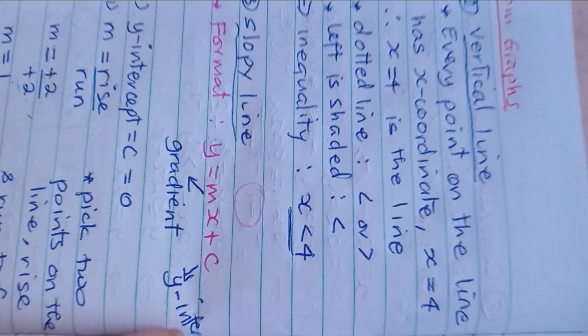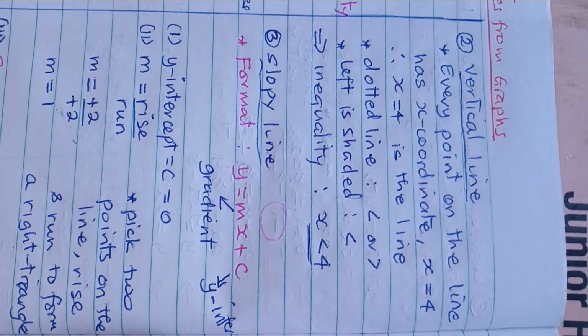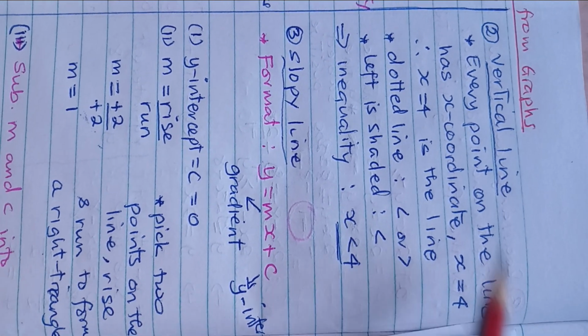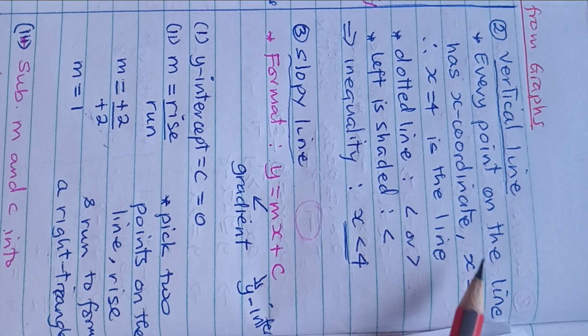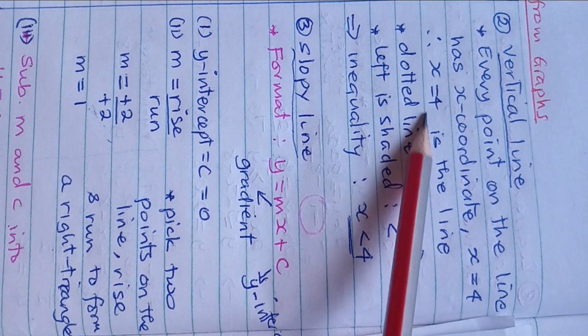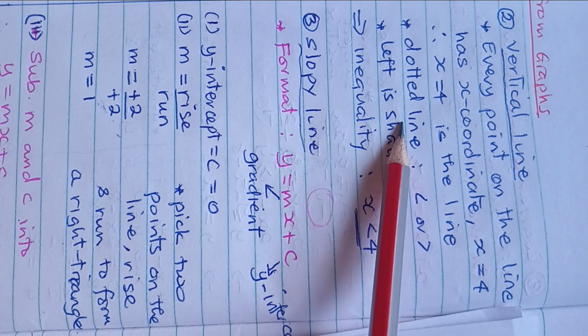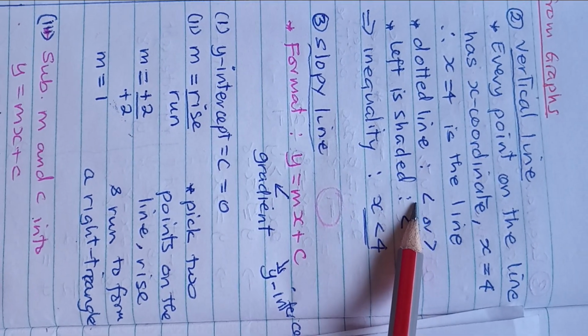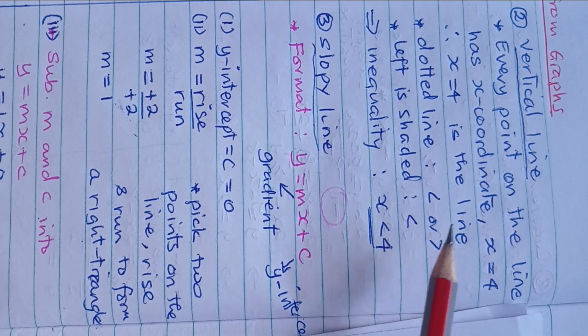So here it is. Every point on the line has x coordinate 4. So the equation of the line is x equals 4. Now since the line is dotted, we can either have less than or greater than.